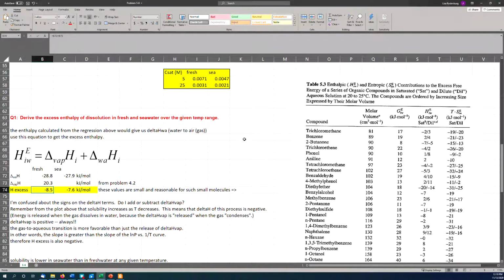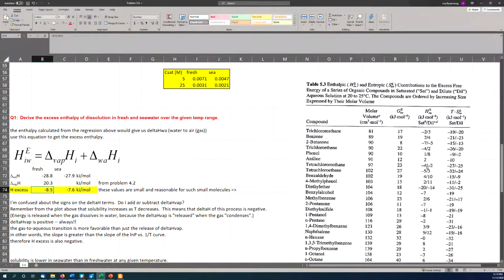Now we are at saturated conditions, right? Because this is C sat, this is solubility, saturated. So under saturated conditions, we do expect it to be slightly negative. And in fact, we are. And this is not outside the realm of possibility. There are some things here that do have a negative HE term. Most of them are hydrogen bonding, pentanone, tetrachloromethane.